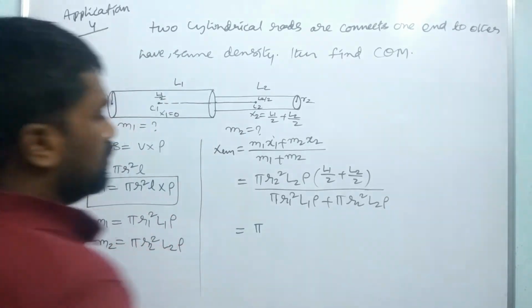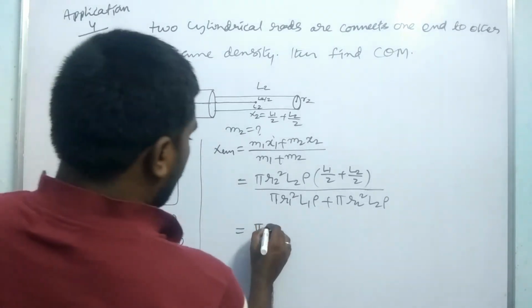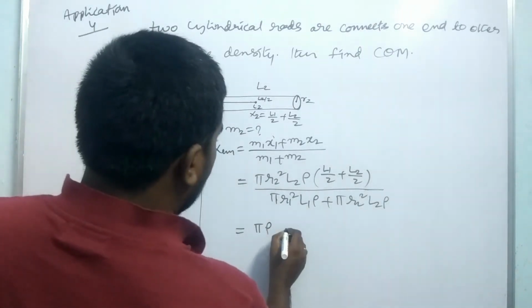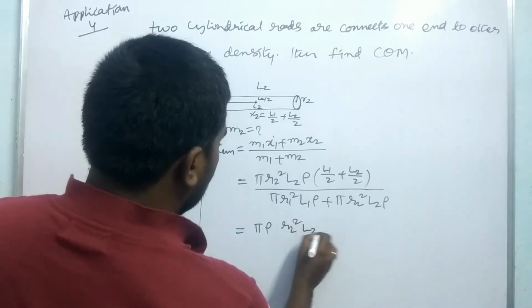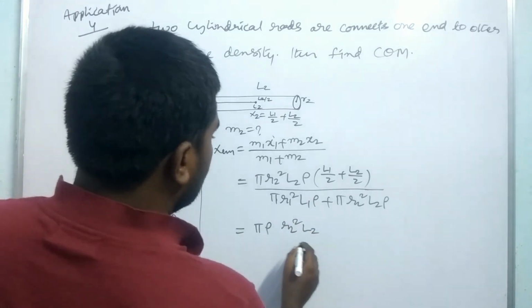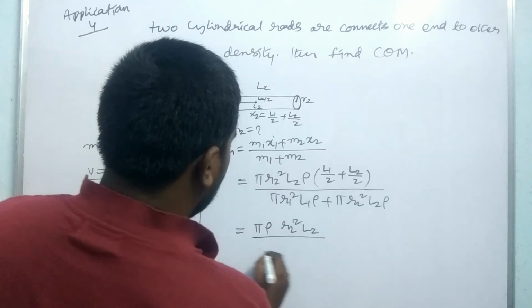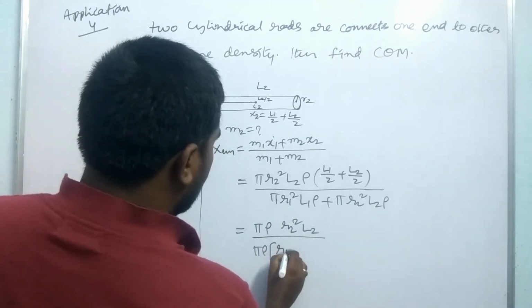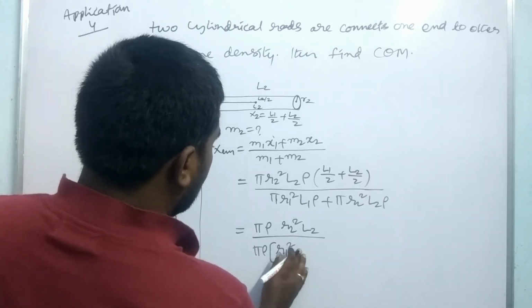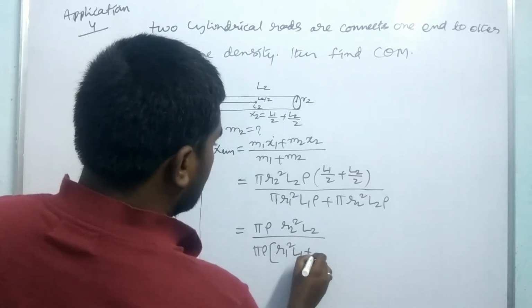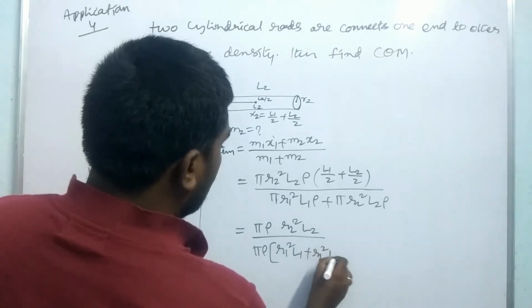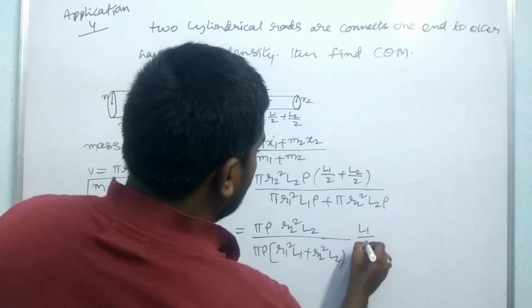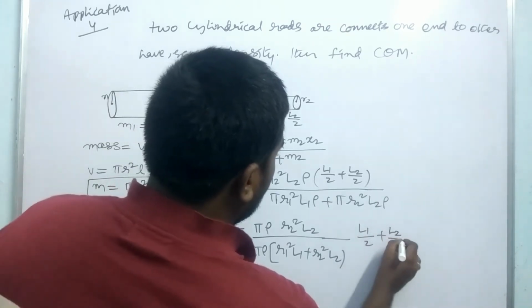Pi rho is common. So you can write R2 square L2 by, pi rho is common here, R1 square L1 plus R2 square L2, into L1 by 2 plus L2 by 2 here.